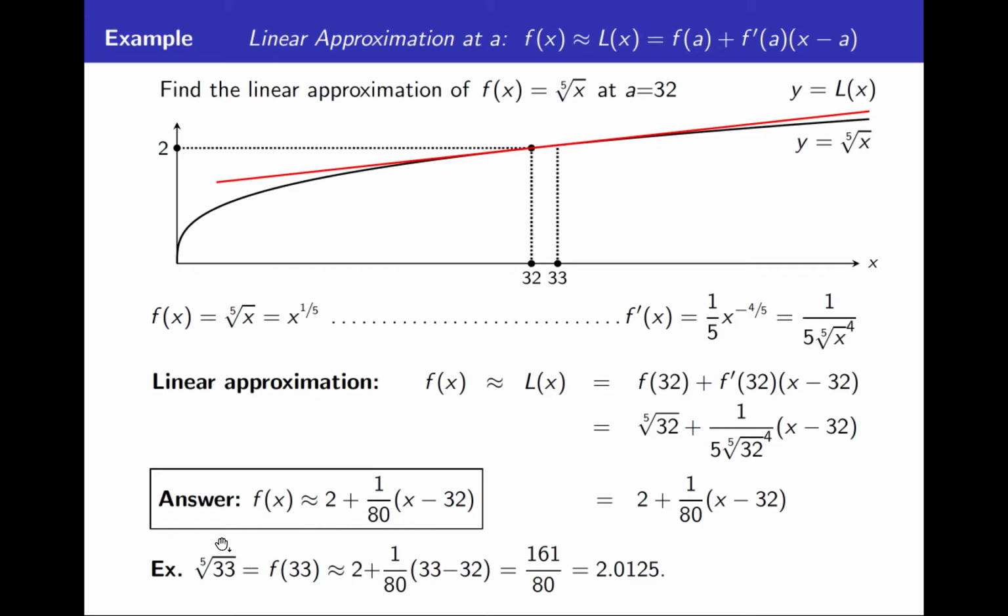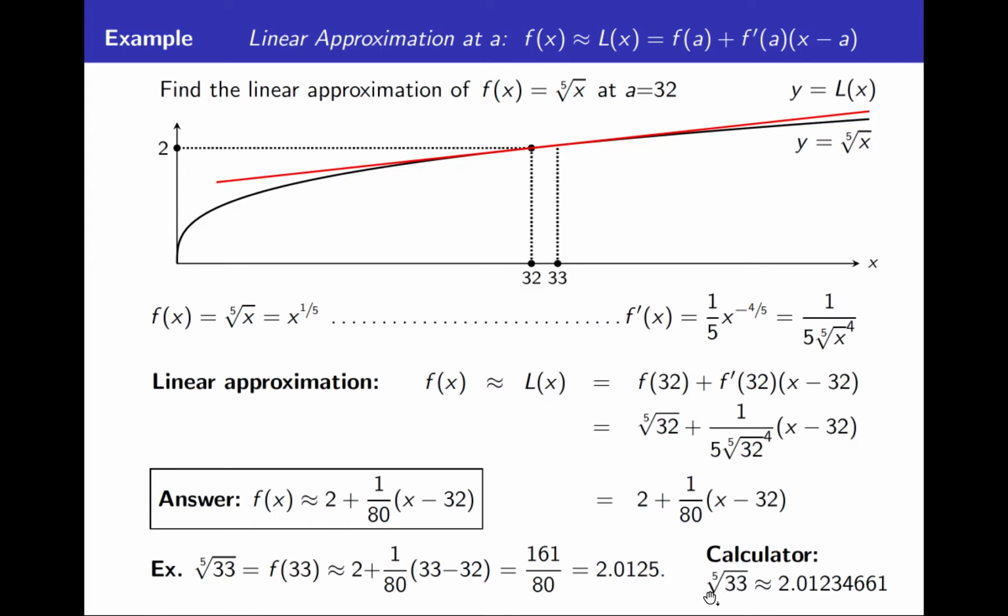So we see here that even though we couldn't compute the fifth root of 33 in our heads, we can see that it's very close to L of 33, which is this value, 2.0125. You could take a calculator and get a better approximation.